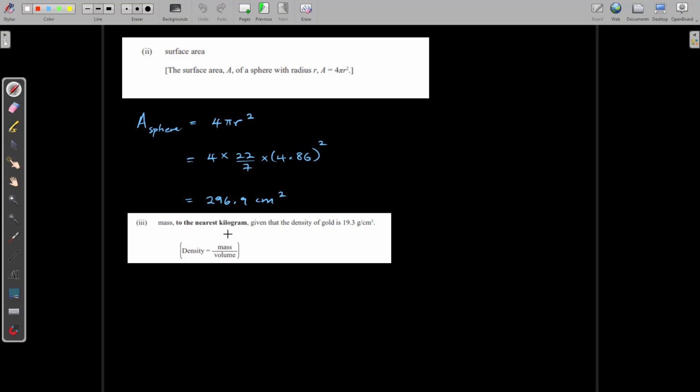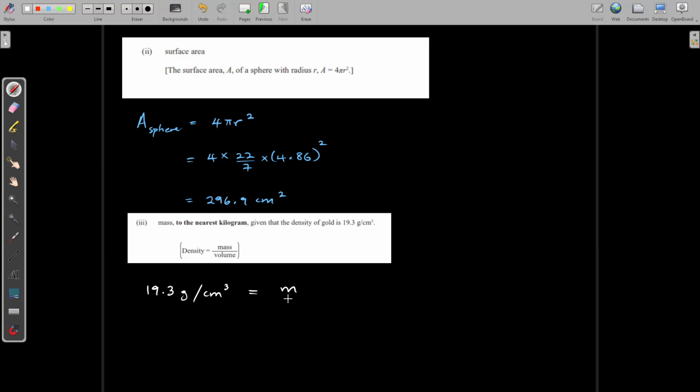They want us to find the mass, but they gave us the density. And the density is 19.3 grams per cubic centimeter. So that's what the density is.